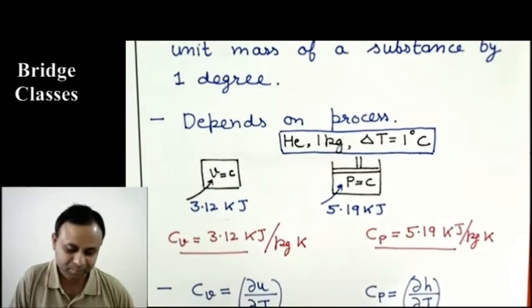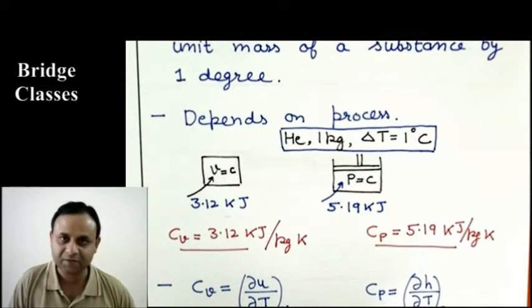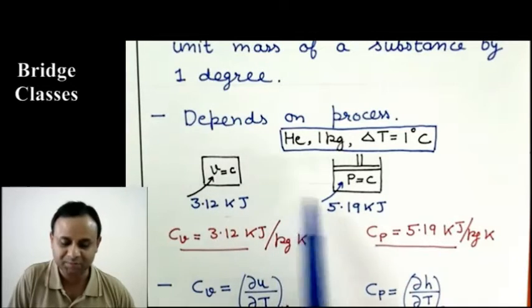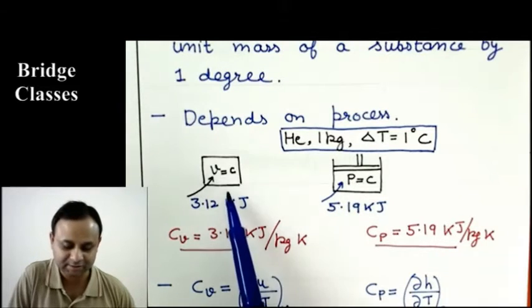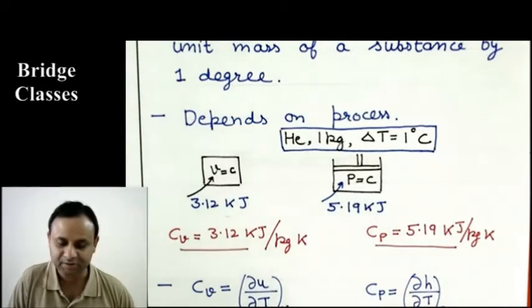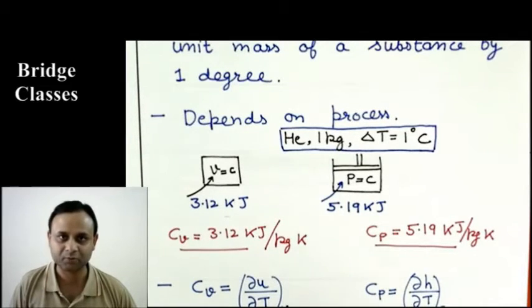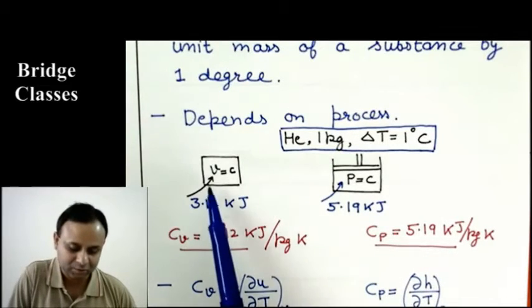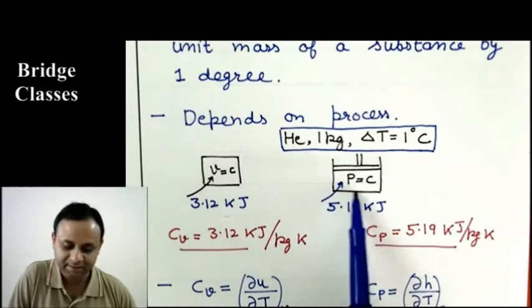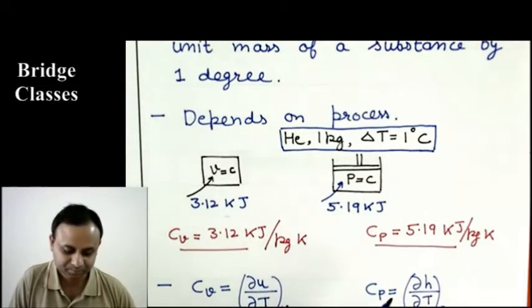Okay. So there are actually infinite possibilities of processes. This is constant volume, this is constant pressure, but there are infinite possibilities for how you are increasing the temperature by 1 degree. But in thermodynamics, we are interested in two special cases. Those are the constant volume case and the constant pressure case.